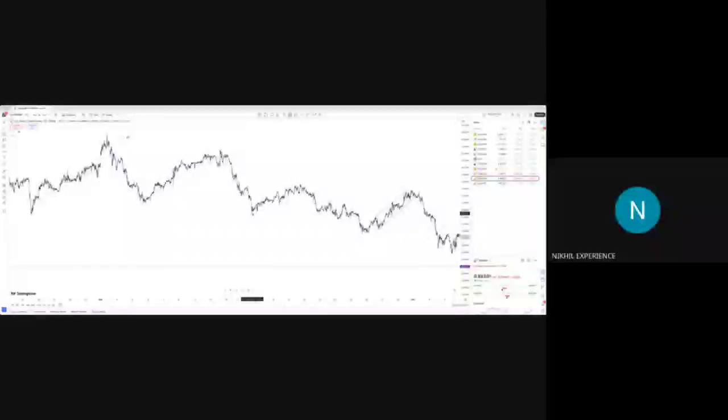This is another one, I think. Now, I think this is a symmetrical triangle. Let's see. This was the eye that started it.